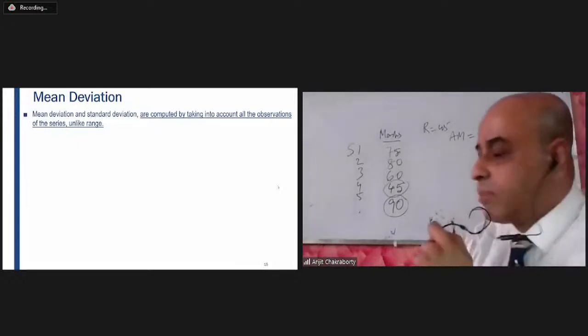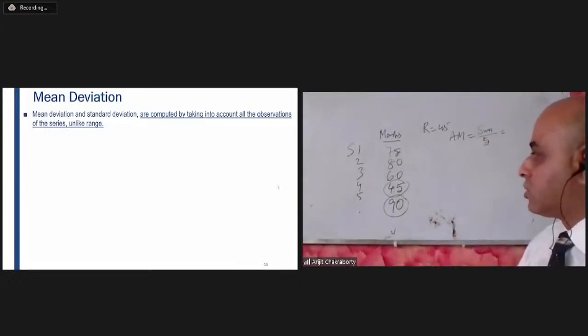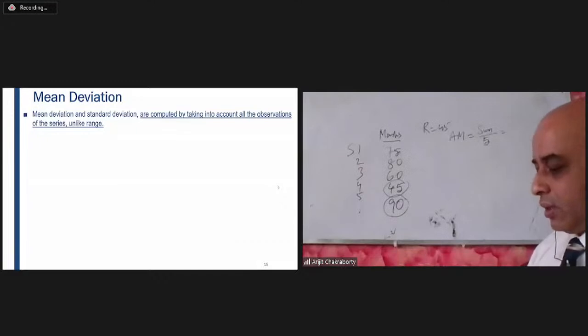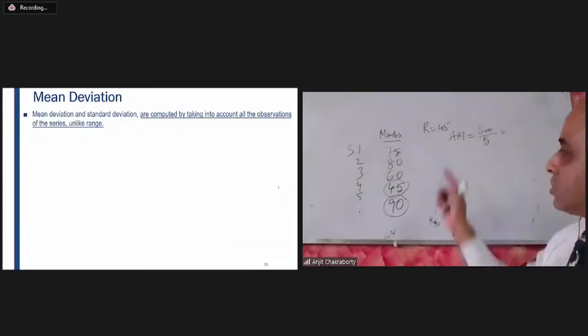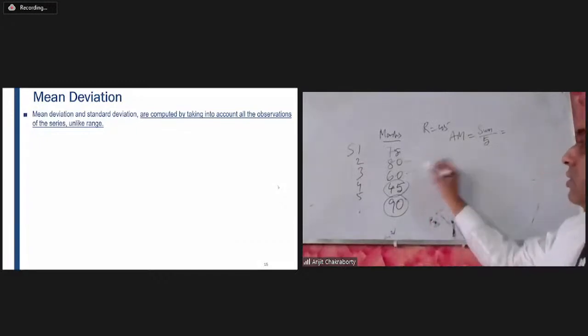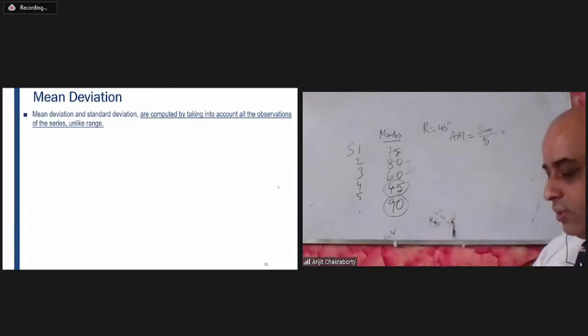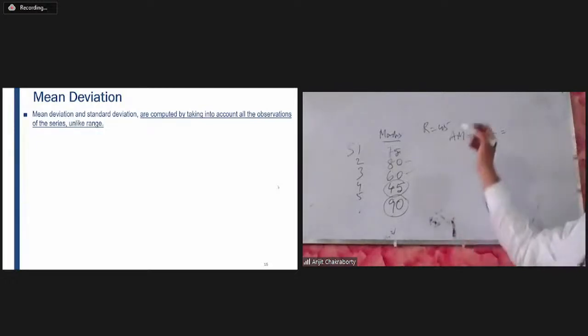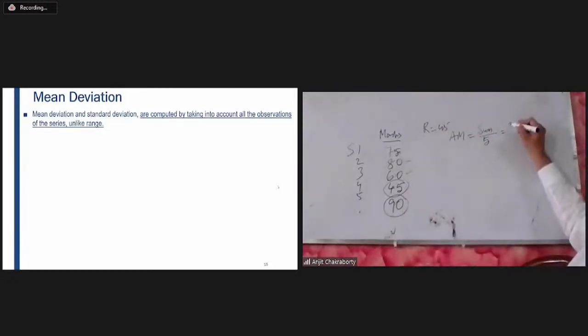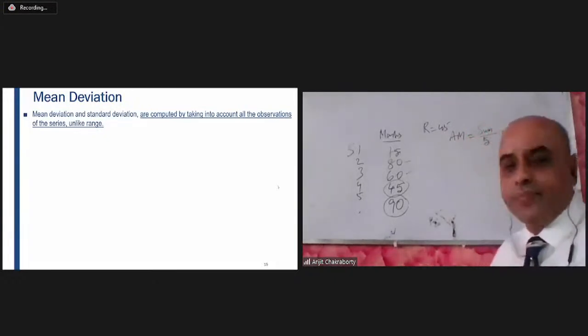Let me add up the marks. 80 and 60 is 140. So we have 140 plus 75 plus 45 plus 90. We are getting 350. The total comes to 350 divided by 5. So the mean comes to 70. The average comes to 70.